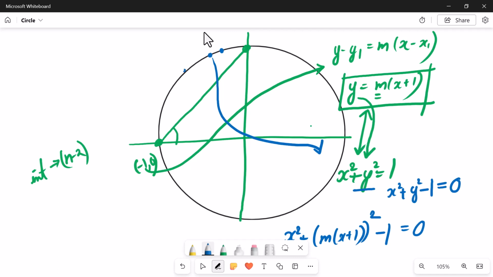So for all these points, if you substitute the value of x and y into the equation of the circle, the resulting value will come out to be 0.